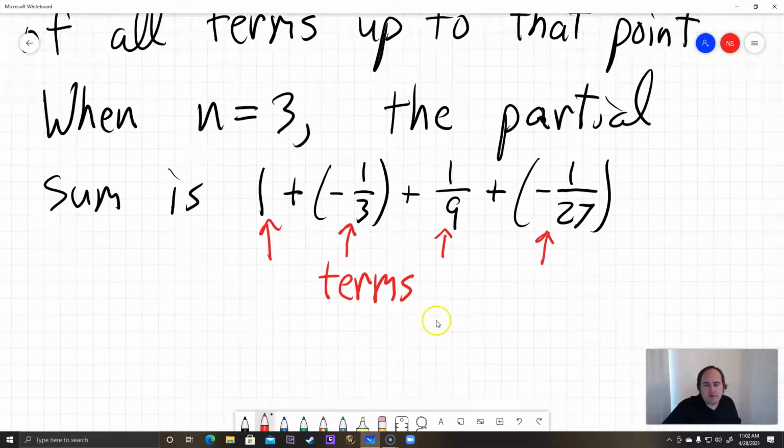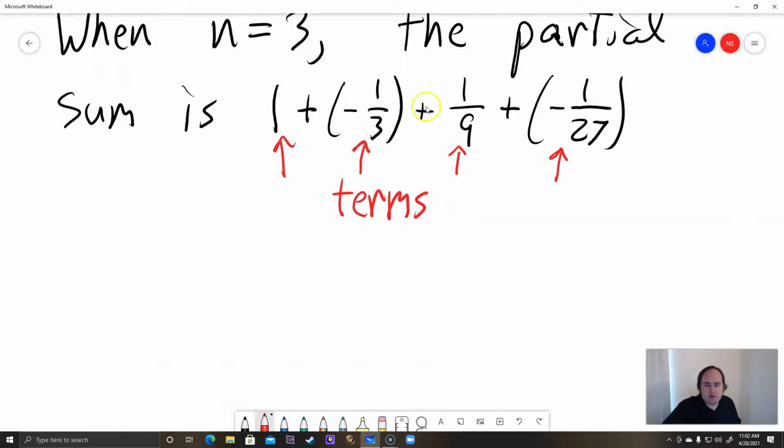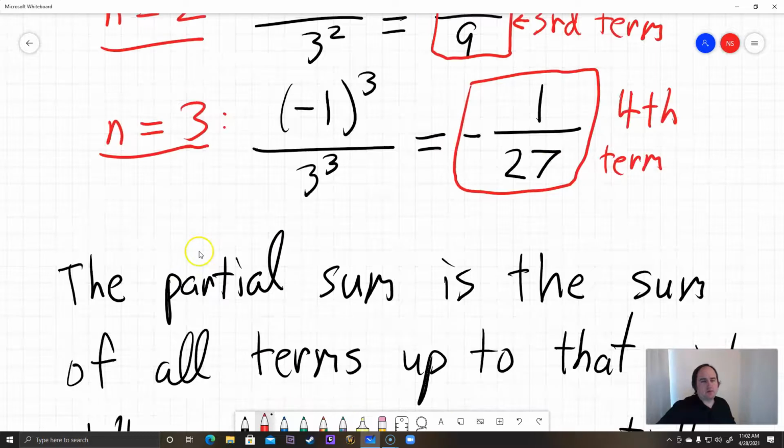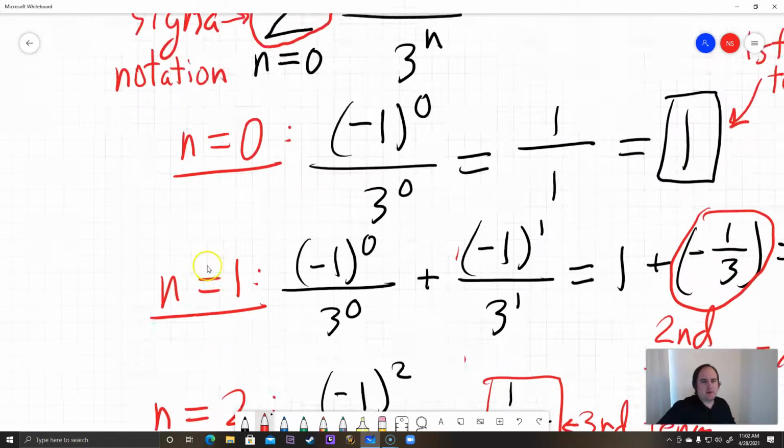So now when we look at the terms of this series, 1, negative 1/3, 1/9, negative 1 over 27, what is happening with each of these terms? Well, we're looking for a pattern. Actually, they already gave us a formula for the pattern, so we won't have to really look at it that much.